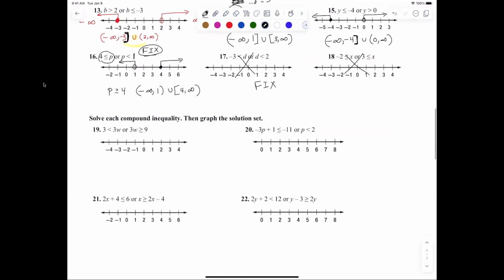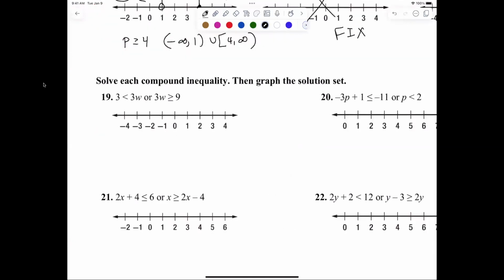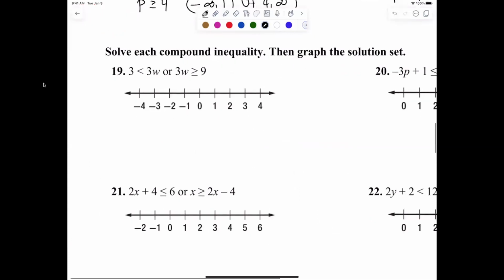Let's take a quick look at this now for 19. First thing I want to do is look at this one right here. I want to rewrite that as what? 3W is less than, I'm sorry, greater than 3.